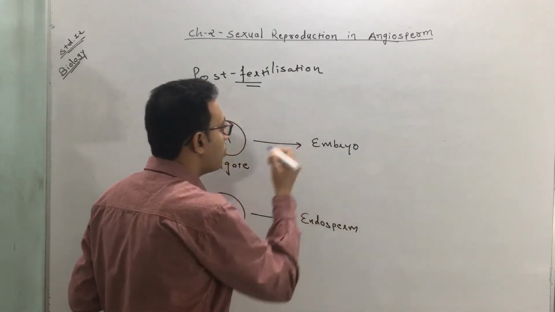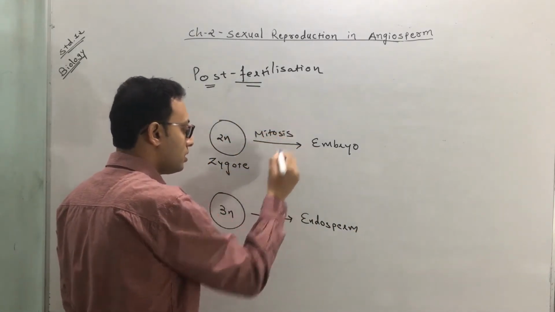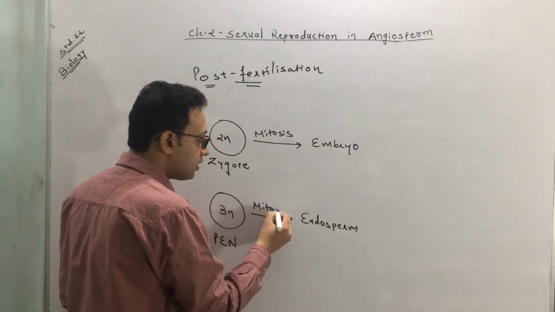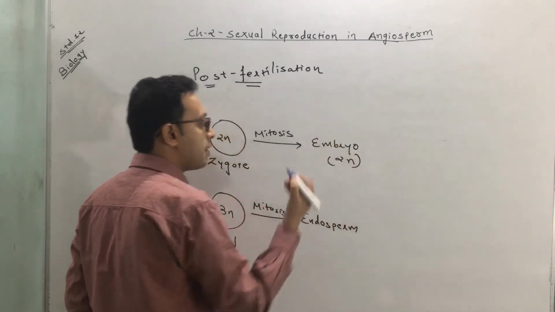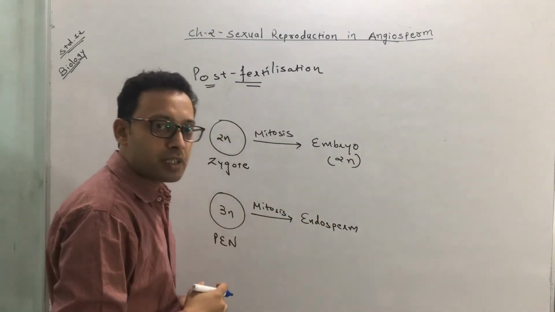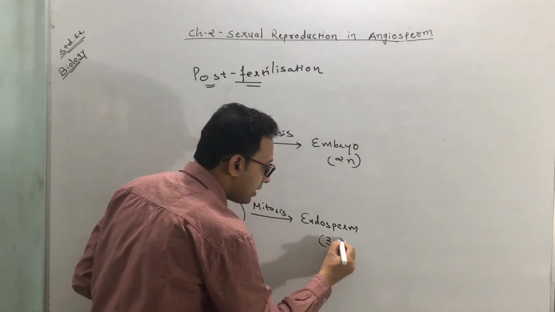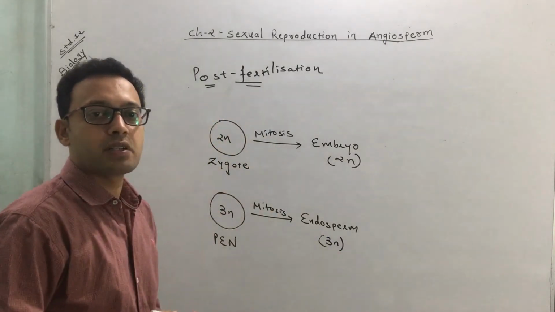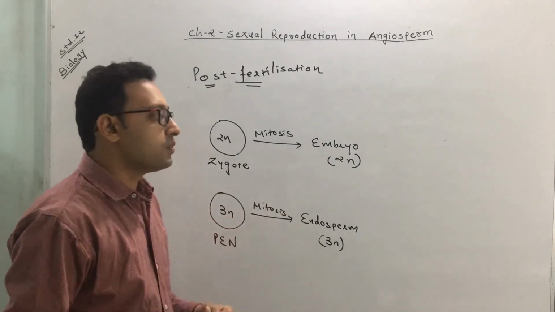Both processes occur by mitosis. So the embryo is diploid because in mitosis the chromosome number remains the same, and the cells of the endosperm are triploid because of the same process, mitosis. That occurs in a post-fertilization event.